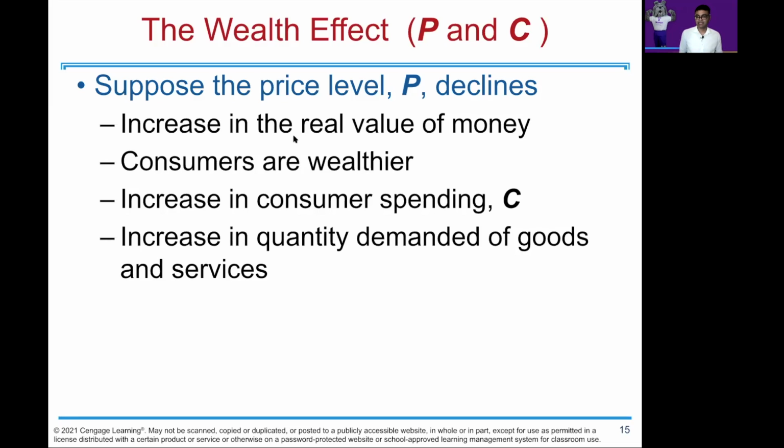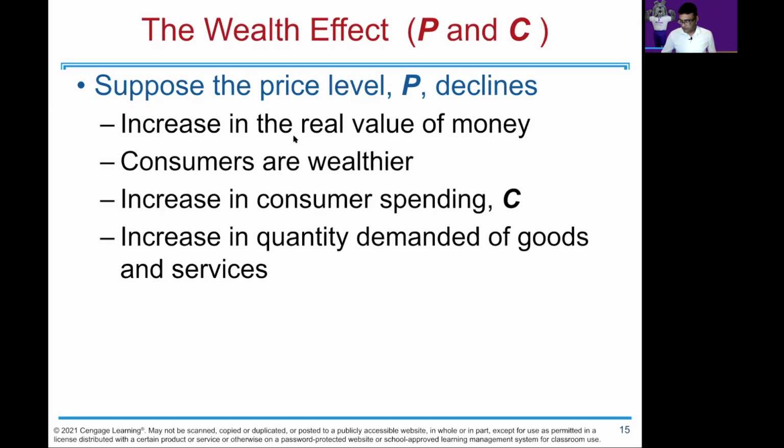If price declines, whatever money you have in your pocket, you can buy more goods and services, as we discussed before. So the consumers now have more wealth. If you have more wealth, you will increase your consumption spending. But we are assuming your real income is unchanged.